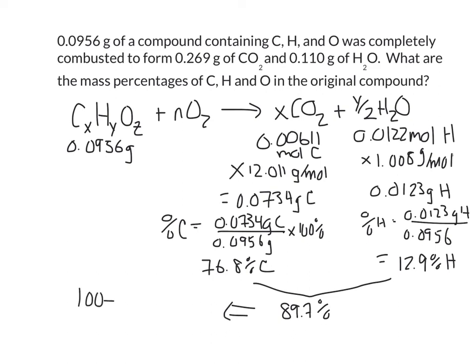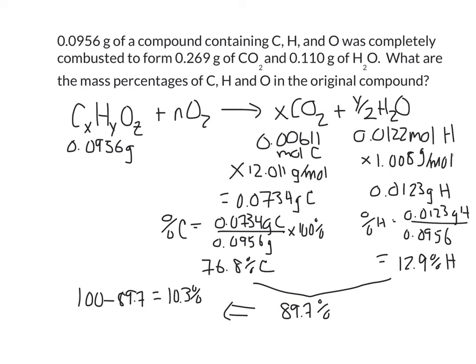So I am missing 100 minus 89.7, which is equal to 10.3%. What's missing must be the oxygen that was in this compound, which I can't get from the masses of the products, because some of the oxygen over here is from oxygen that I deliberately added to the sample.